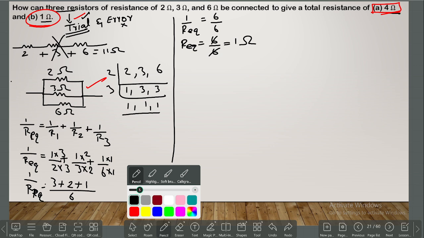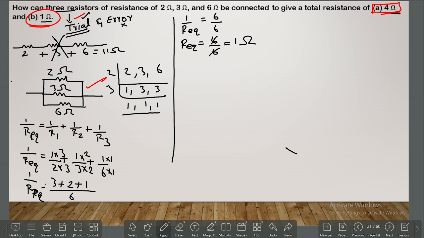So remember a condition for this. Whenever you get a question like this, whatever the values of the three resistors may be, remember this condition. Two resistors need to be in series, along with that one resistor needs to be in parallel.